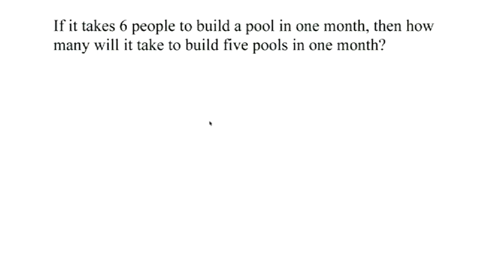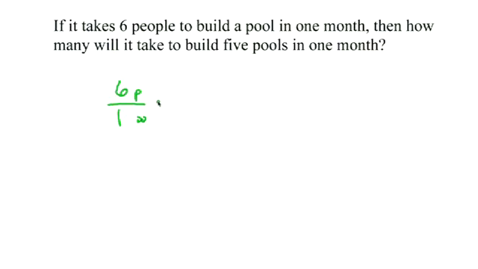Okay, if it takes 6 people to build a pool in 1 month, then how many will it take to build 5 pools in 1 month? Okay, so on the left side, most students, if they're just like me, the first thing written is your numerator. So we have 6 people to build 1 pool. Now, since I have the P already used, I'll put double O for pool.